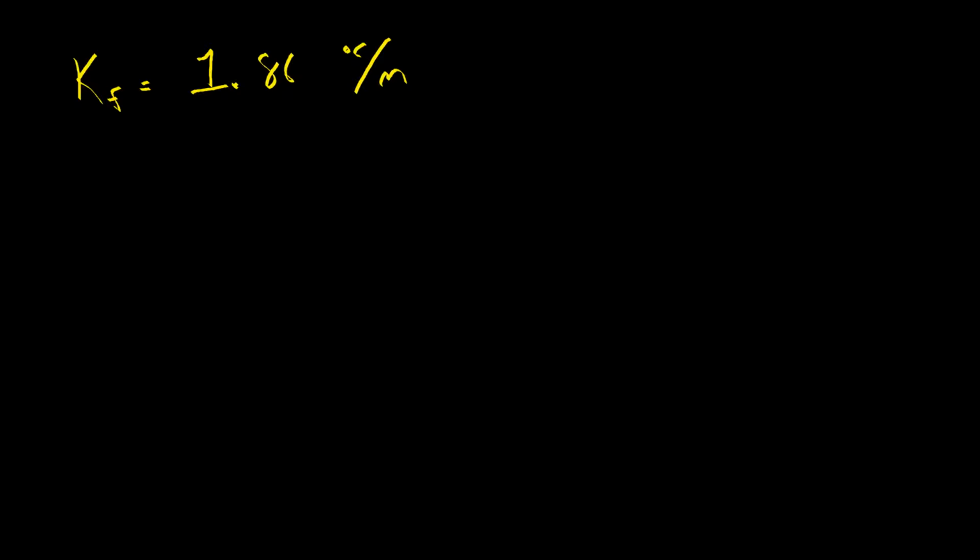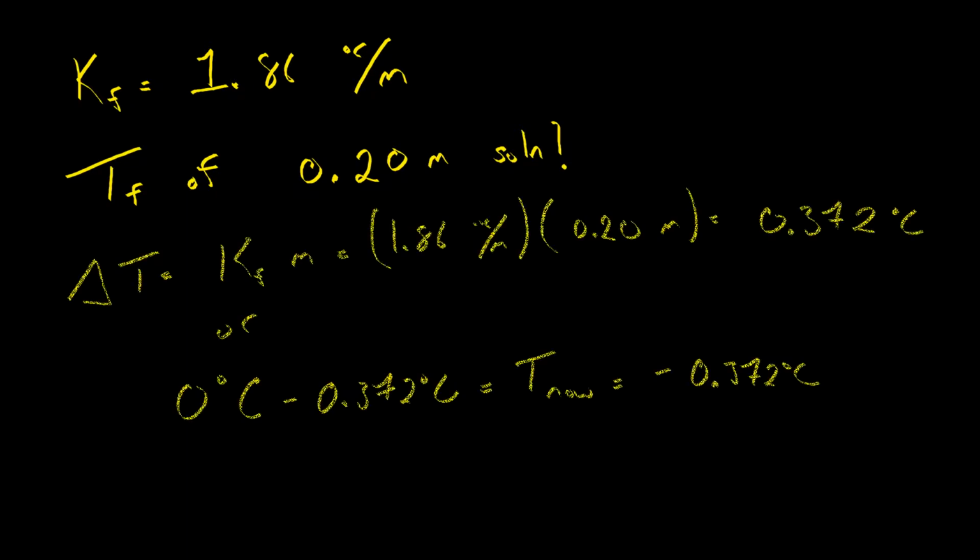So what will be the new freezing point for a solution with a molality of 0.20 molal? Well, delta T equals KF m. Delta T equals 1.86 degrees Celsius per molal times 0.20 molal.